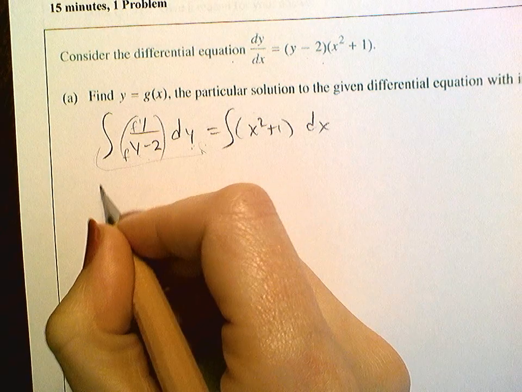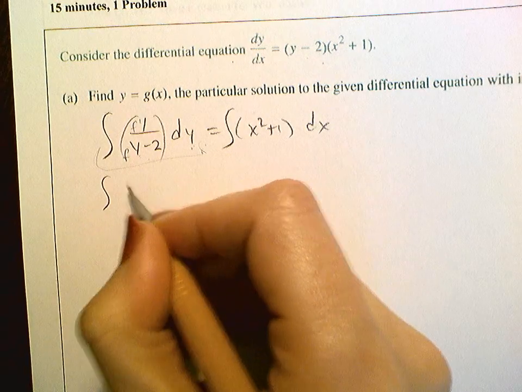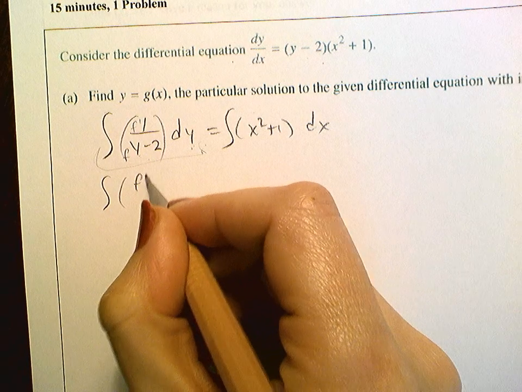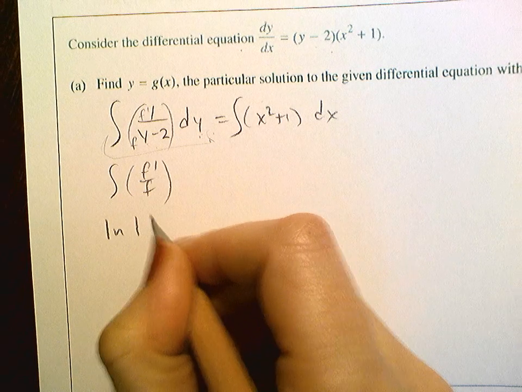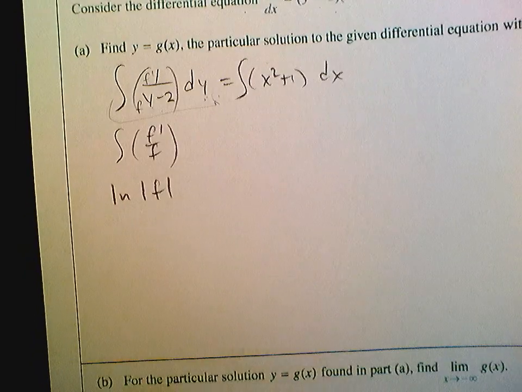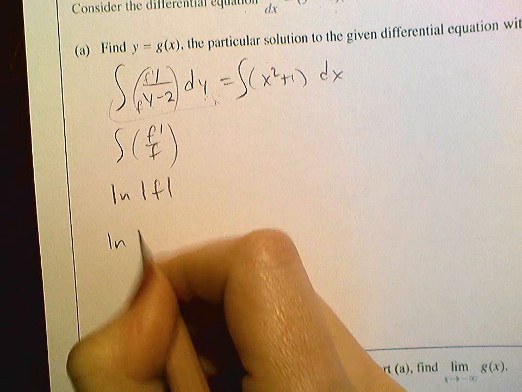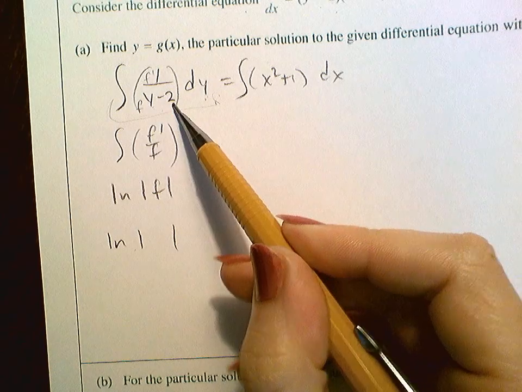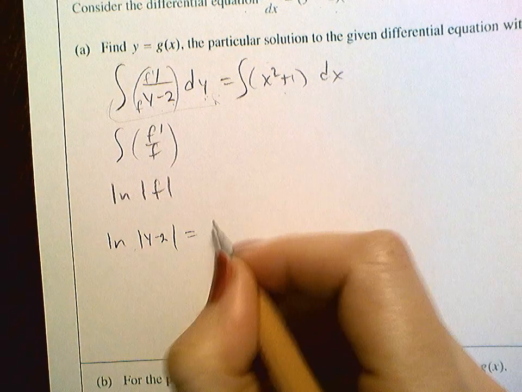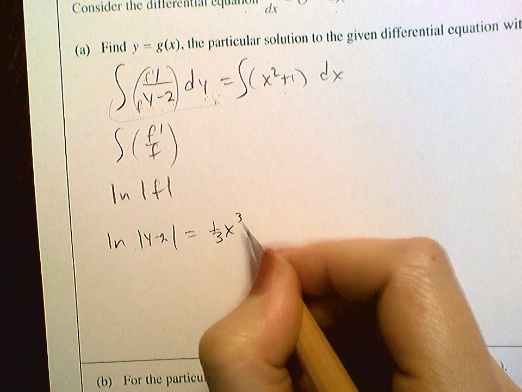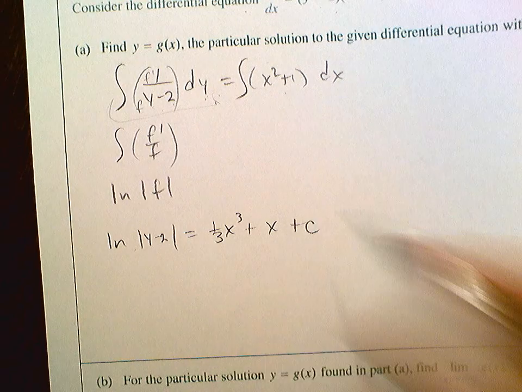So anytime you have the integral of f prime over f, here's the formula. It's the natural log of the absolute value of f. So I get the natural log of the absolute value of y minus 2 equals, now this side, 1/3 x to the third plus x plus c.